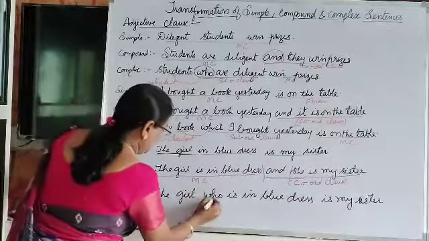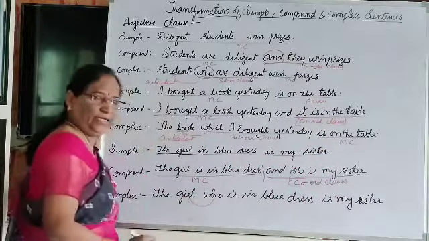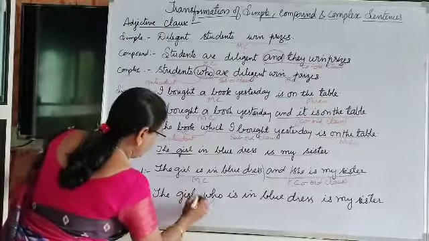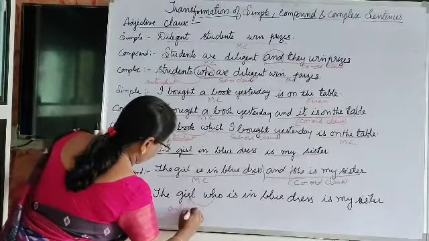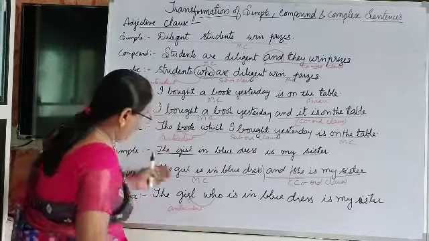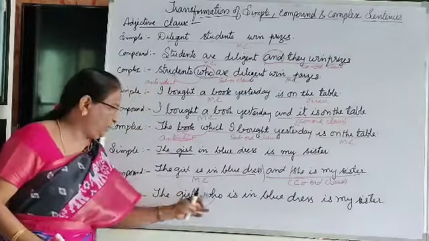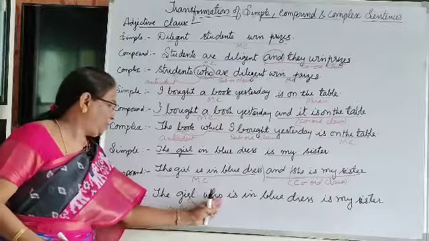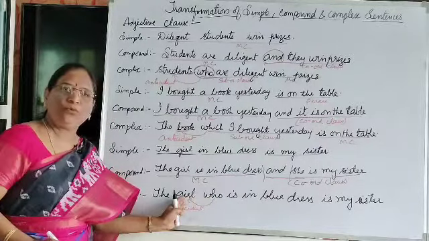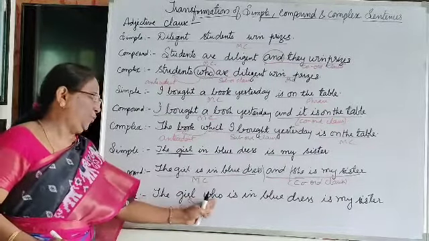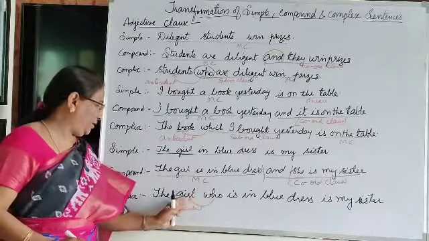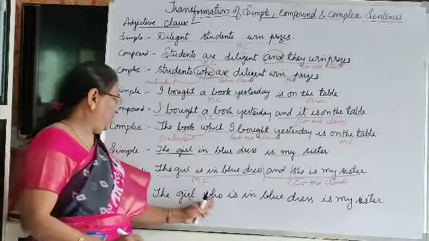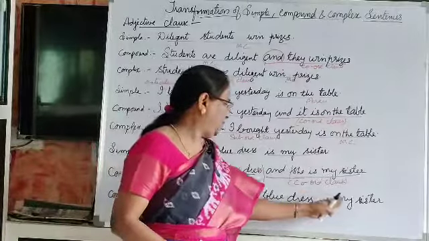Here girl is the antecedent of who. Whether it may be a noun or a pronoun, the who belongs to the antecedent. Who belongs to the noun or pronoun. The girl, who describes the noun, the subject.